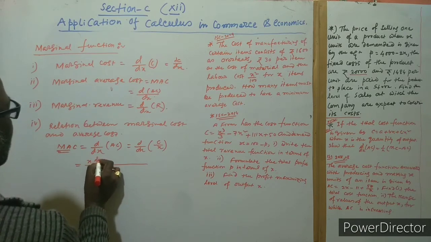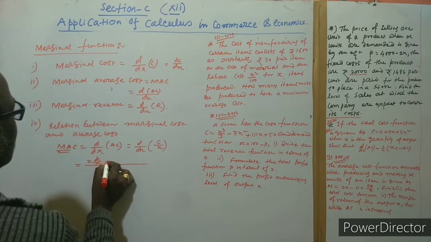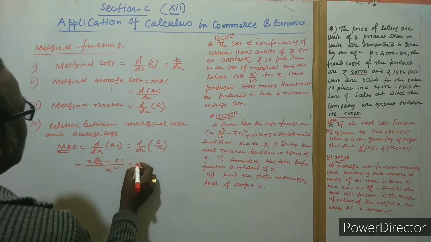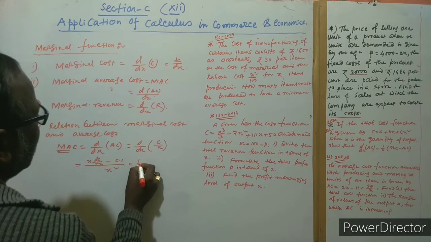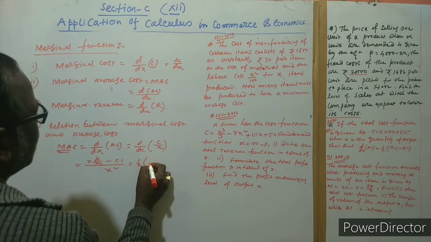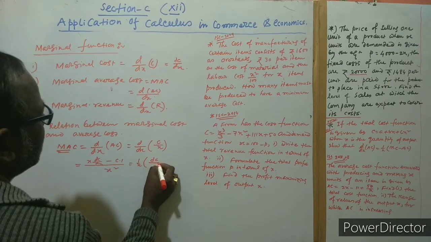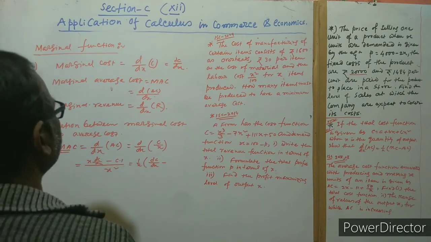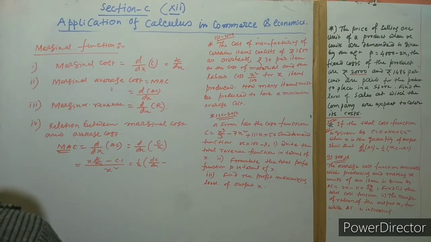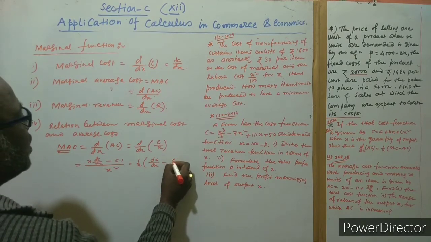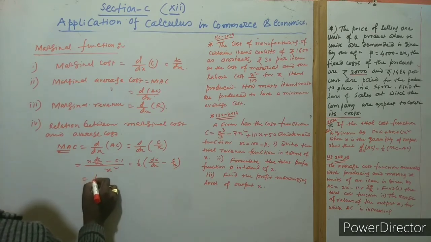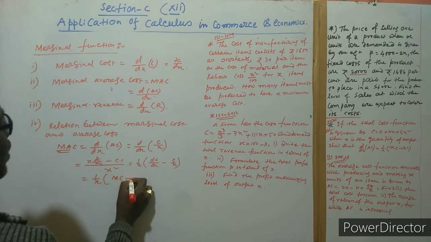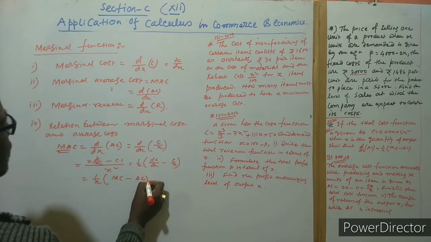Its derivative has x square in the denominator, it is x dC/dx minus C. If we divide this, we get 1 by x, this is the marginal cost minus this is the average cost.